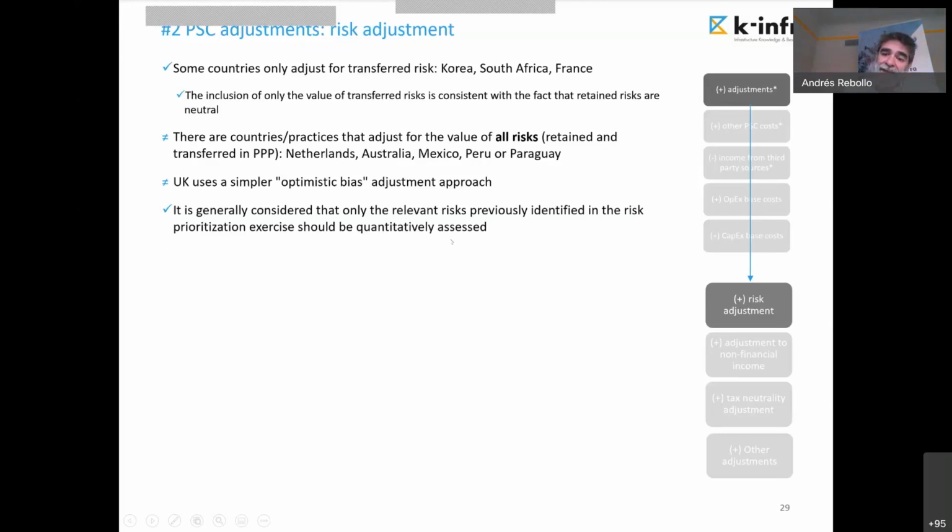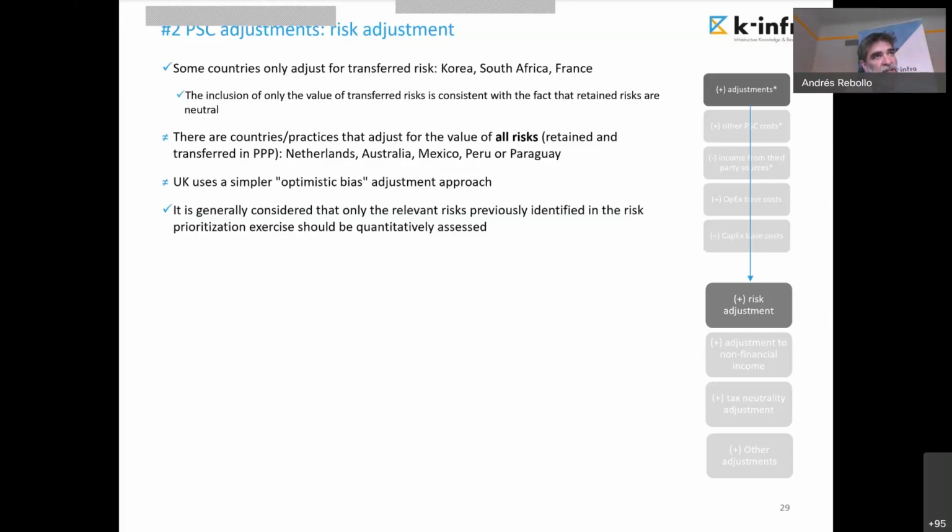By the way, identifying risks that should be evaluated as a risk transfer that deserves to be evaluated is something that is not easy or straightforward. It's not just any single risk that is transferred in the risk matrix should be evaluated, because some risks, there is a perversion if we evaluate them. Okay, let me put you an example.